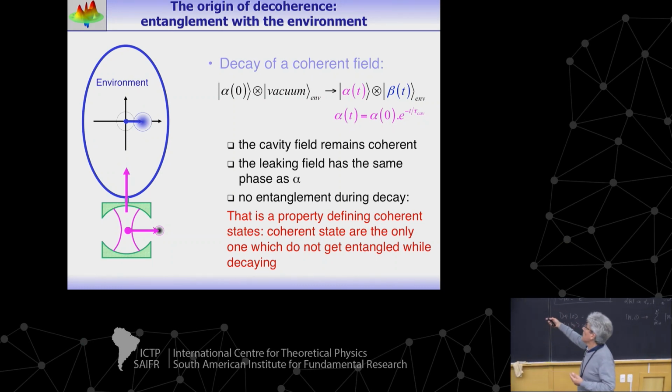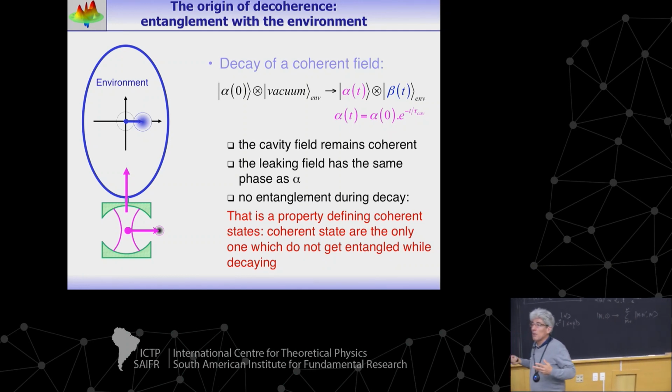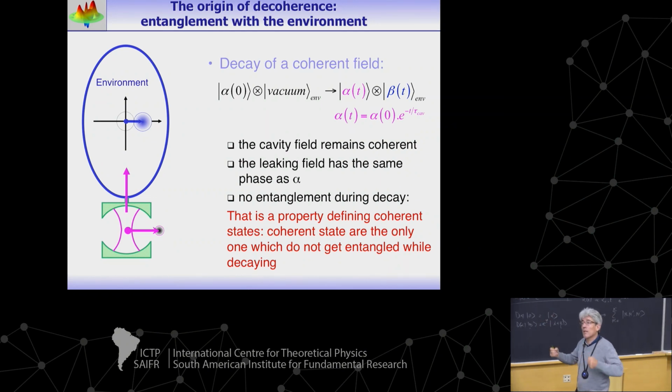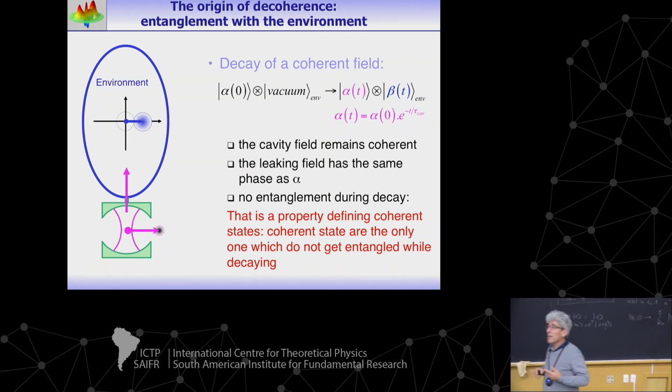And I model this loss of energy by a semi-transparent mirror with a very small transmission, and then the field alpha leaks in the environment. So I assume here in the model a very clean environment. The actual environment is much more complex. It's all the atoms there which may absorb photons and change state, the electrons which can be scattered, photons which can be diffracted in many other kinds of mode. But all this corresponds to energy losses and can be modeled by this simple environment.